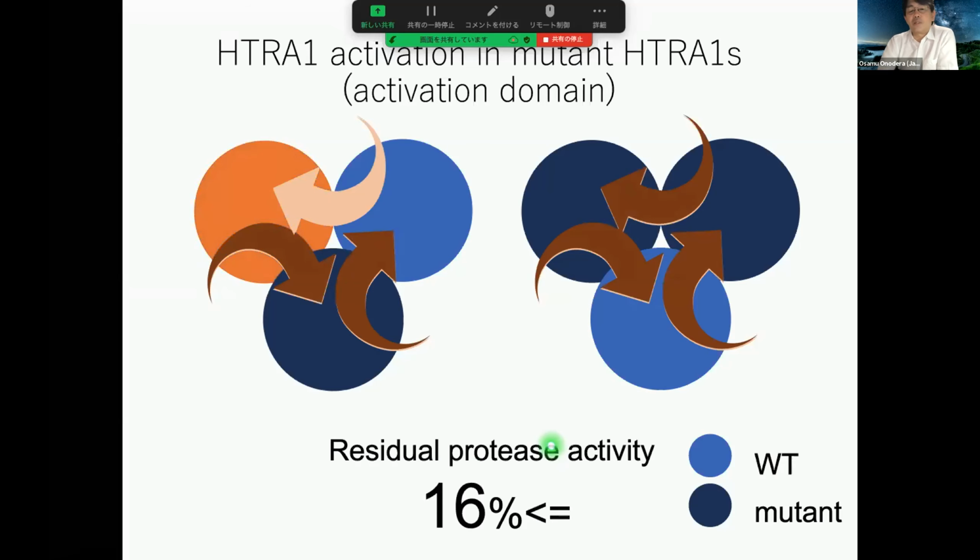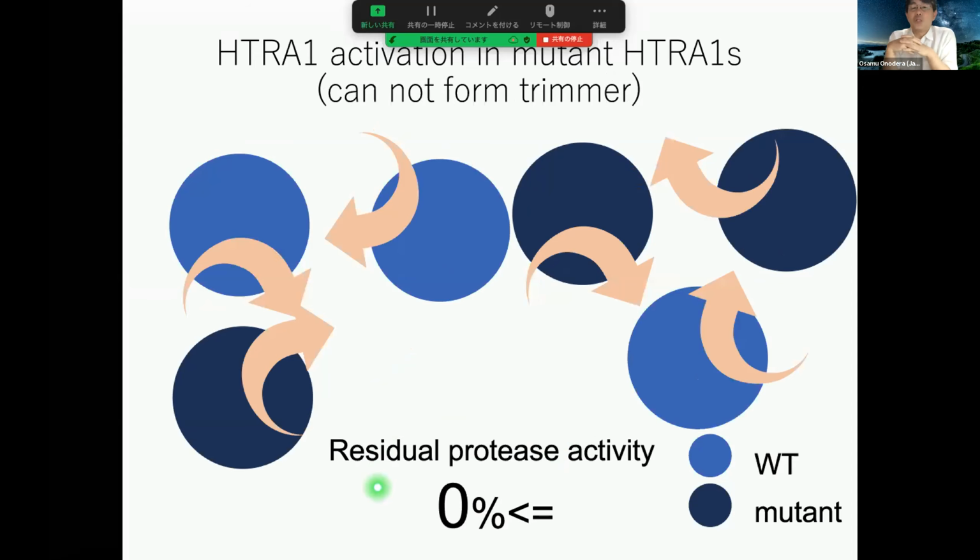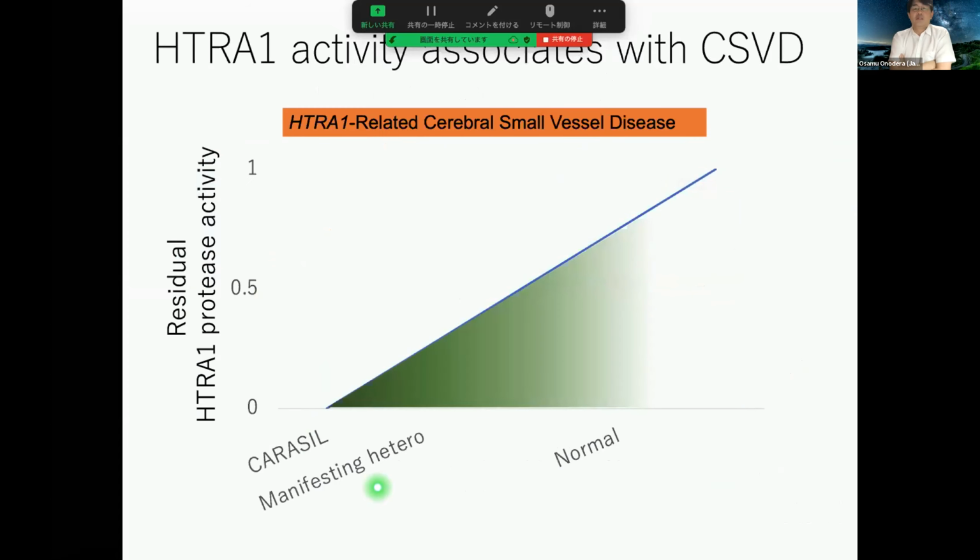Therefore, the net protease activity should be much lower than 50%. And if the mutant cannot form the trimer, the protease activity is very low. Therefore, we call CARASIL and symptomatic carriers with HTRA1 mutations.